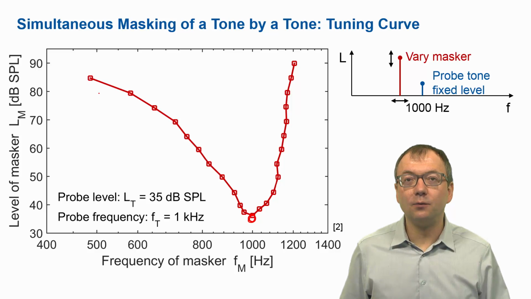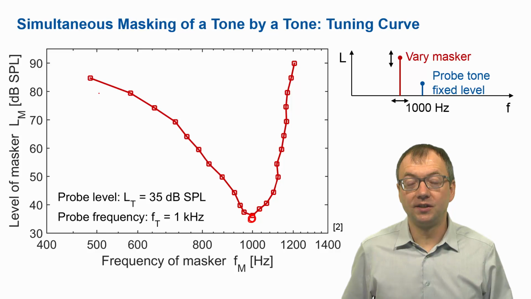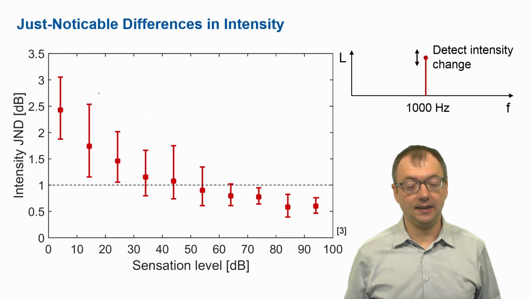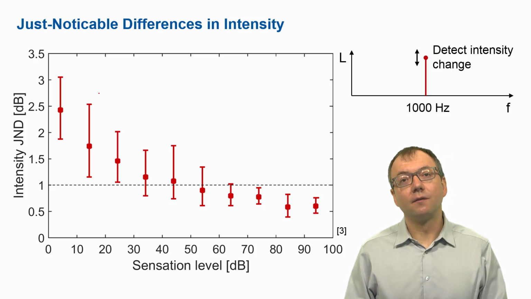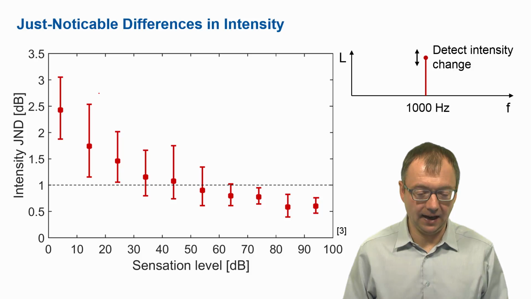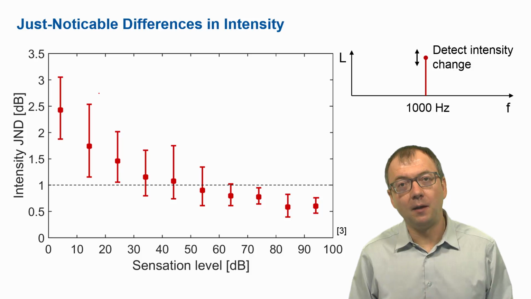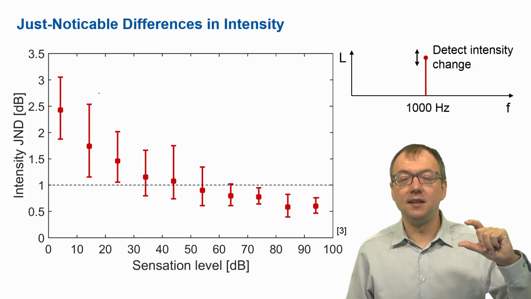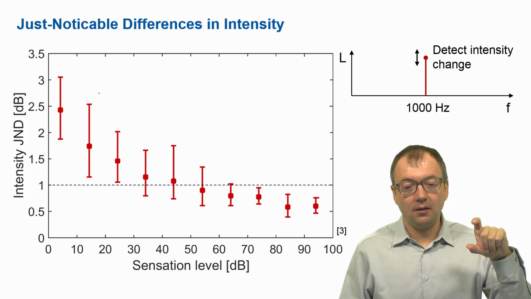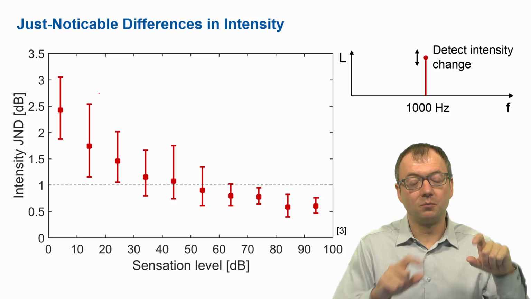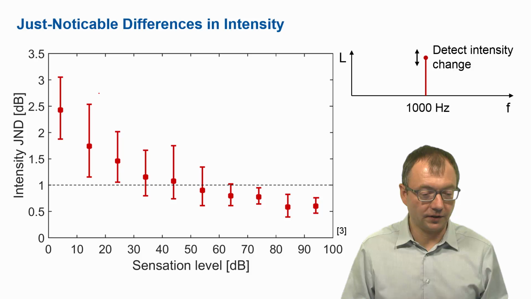Now there's one thing that we need to consider before understanding this, and that is our just noticeable difference in intensity. There is a certain threshold for us for detecting a change in intensity, and this is being depicted in this graph. So imagine an experiment where we change the intensity of a tone and we just ask somebody to hear whether the intensity changed or not between two successive tones, whether there is a difference between them or not.